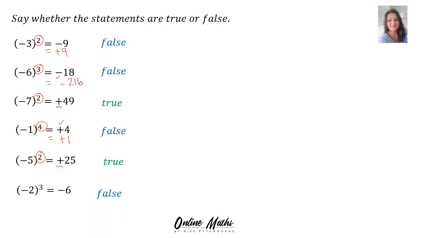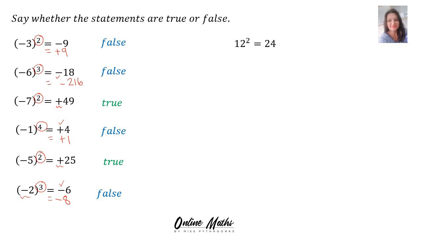No, false. Why? This is an uneven number. The negative will stay negative. That's correct. But 2 to the 3 is not 6. 2 to the 3 means 2 times 2 times 2, which is 8. Therefore, this one's answer is negative 8.